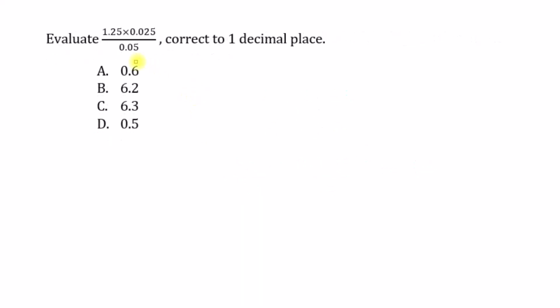Okay, look at this. You have to evaluate this correct to 1 decimal place, and this is where you need to move your decimal point to standard notation that will help us to solve this. So in the first case, 1.25, if I want to move the decimal place and make it just the whole number 125, I'm going to have 125 multiplied by 10 raised to power -2, moving the decimal place 2 places to the right. Then times, in the second case, 0.025.